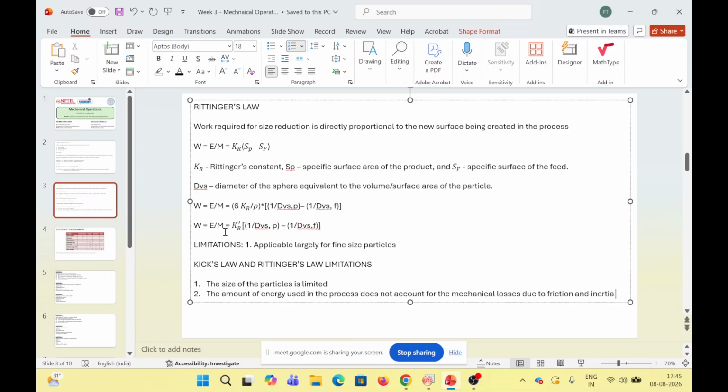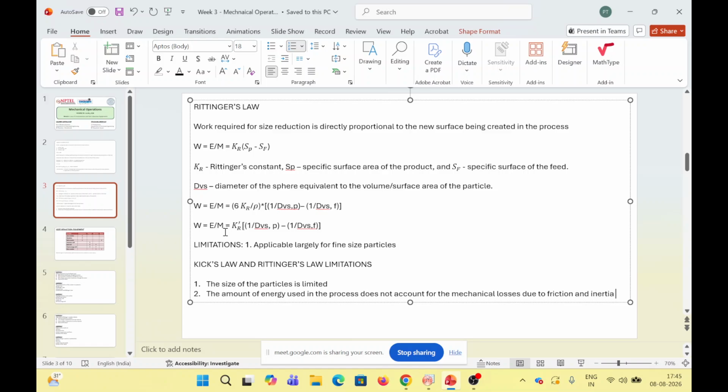So knowing how much energy is going to get lost in a system is very important, not just for the size reduction process but for any industrial or engineering application that you are going to tackle.